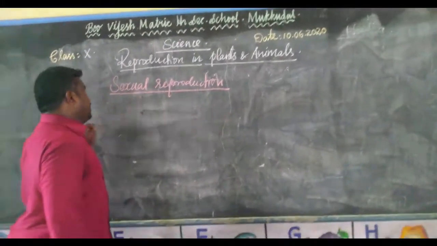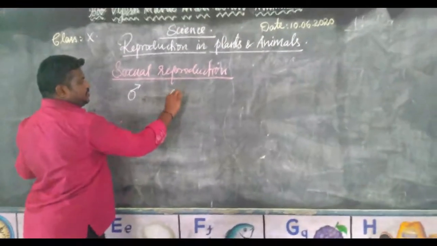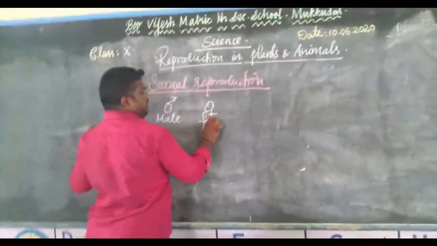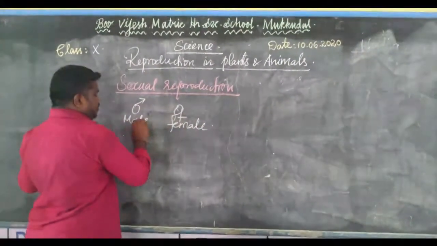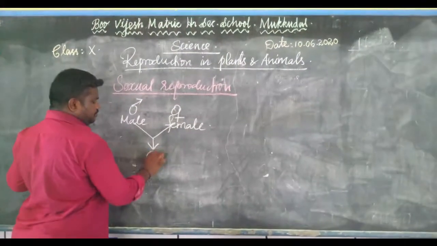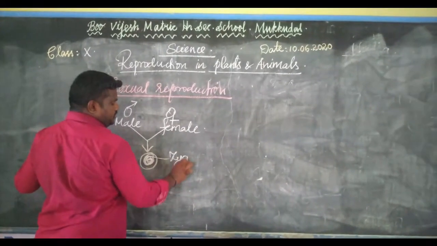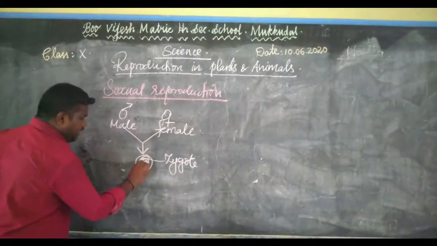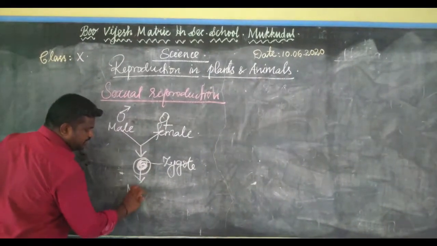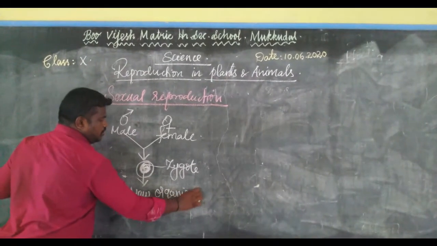But sexual reproduction means there are two gametes involved. One is the male gamete and the other is the female gamete. The fusion of the male and female gametes forms a zygote. Then the zygote undergoes divisions and forms a new organism.